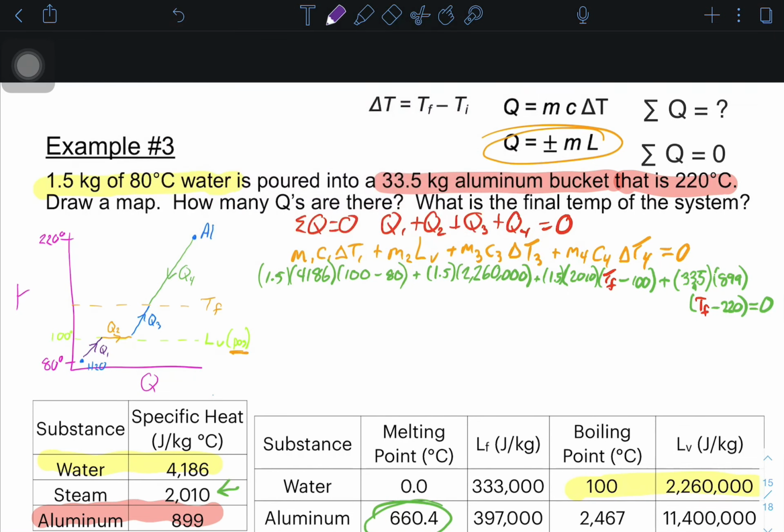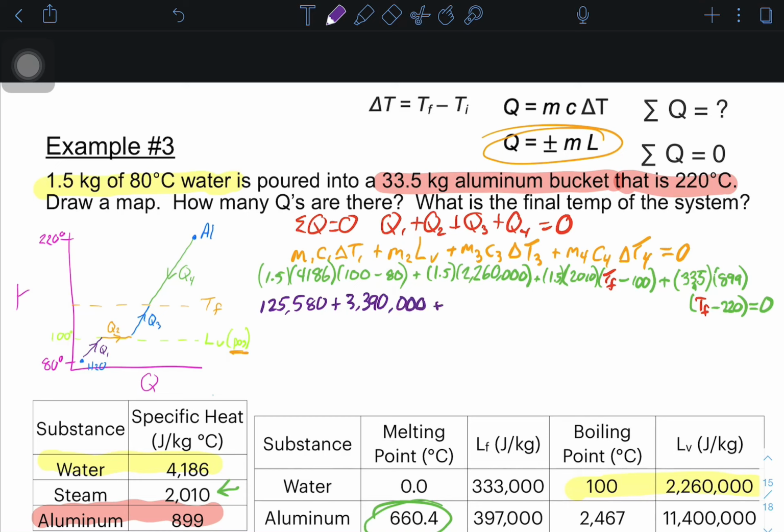So algebraically, we start setting this up, or solving, I should say. We get 125,580 for Q1. We get 3,390,000 for Q2.